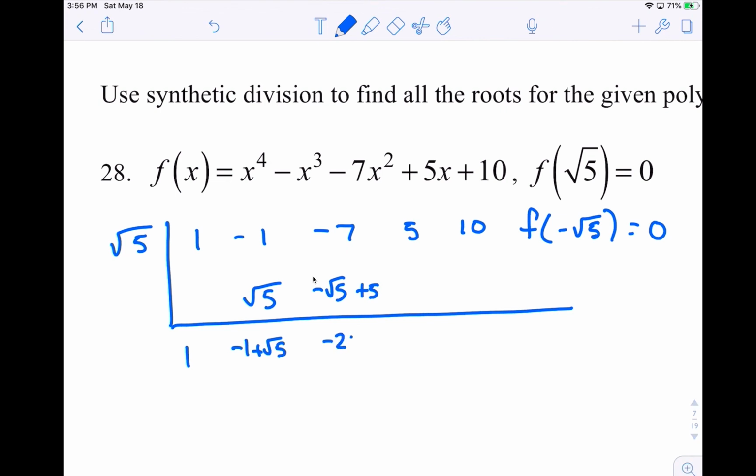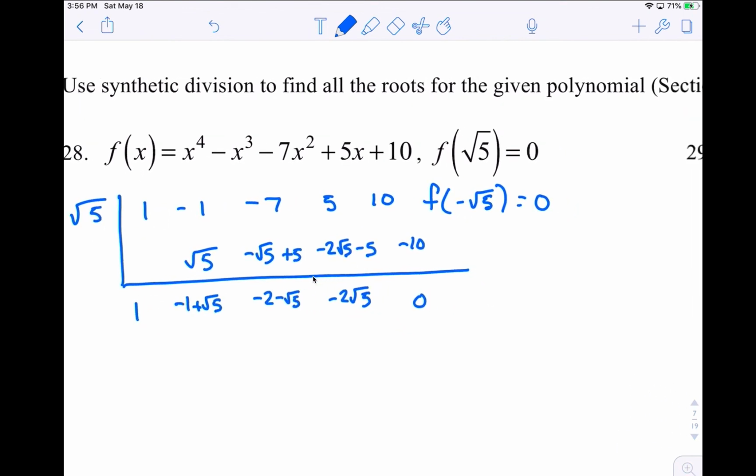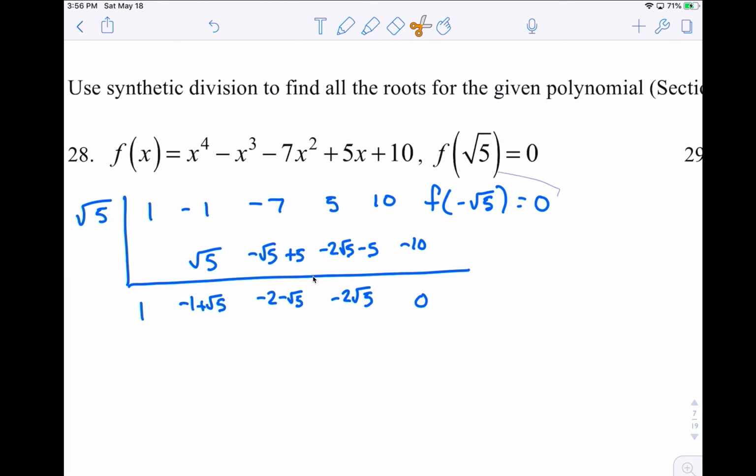So that's negative 2 minus root 5, which is then negative 2 root 5 minus 5, which is then negative 2 root 5, which is then negative 10, which is then 0, which is what I want. So I'm going to move that over here. Move these numbers over a little.